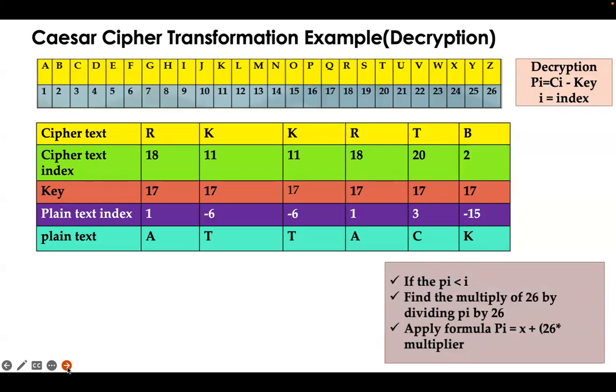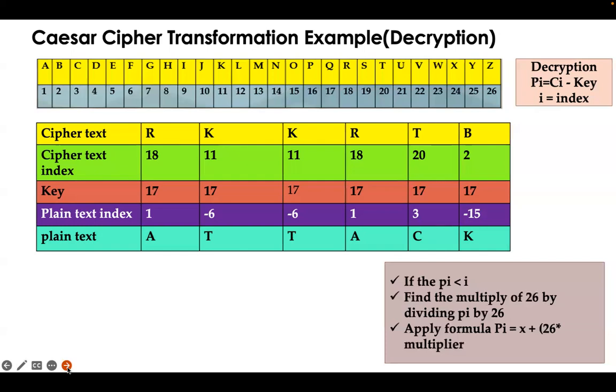If our plain text index number is less than our total index number, then we have to follow some process. We have to find the multiplier of 26, by dividing the plain text index by 26, and we have to apply a formula which will be x plus 26 into the multiplier of 26.